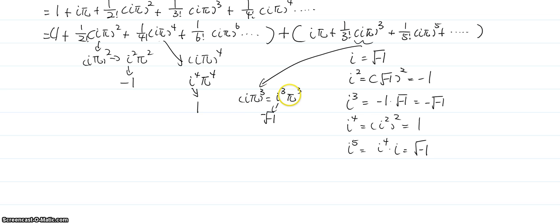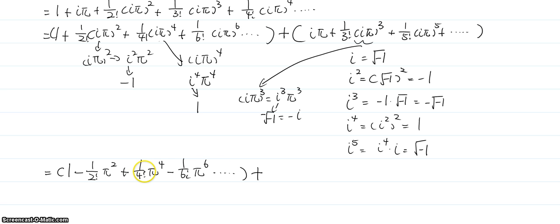I'll write it as negative i, so it looks a little bit better. That's one reason that we use i instead of the square root of -1. So I'll rewrite this whole equation as 1 minus 1 over 2 factorial pi squared plus 1 over 4 factorial pi to the 4th minus 1 over 6 factorial pi to the 6th. This keeps going on.